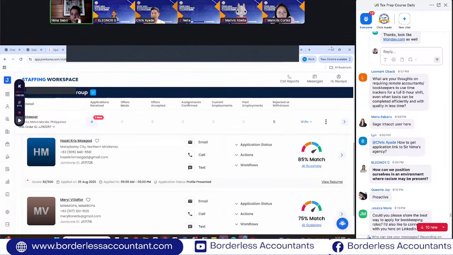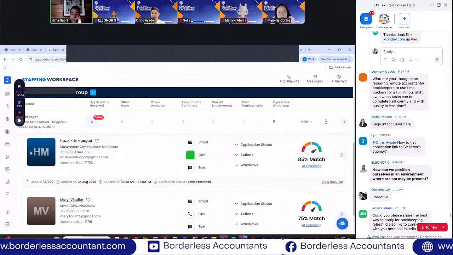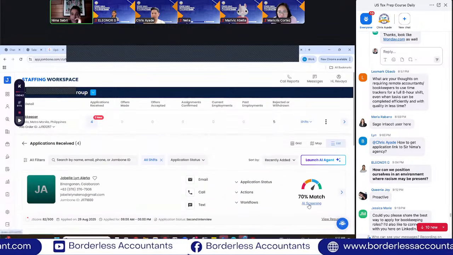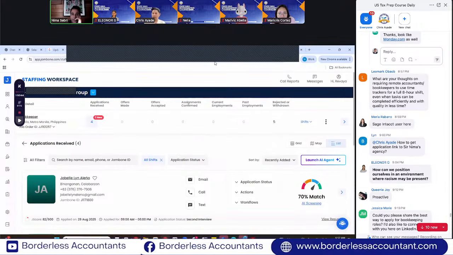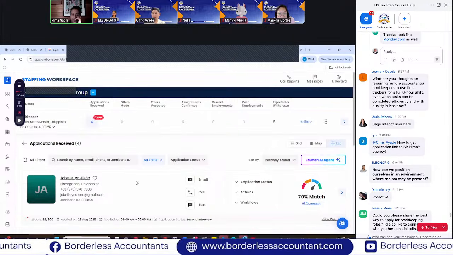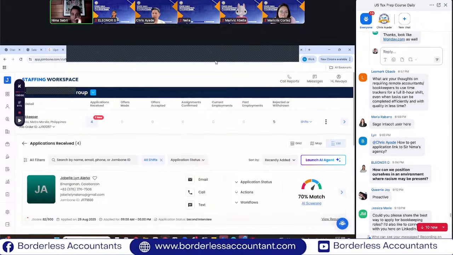It's showing some personal information, so I'm not going to show it. Anyways, it does match. We see the match prior to getting this, so it's very important for you to be matched first. This is one of the screenings that it does.